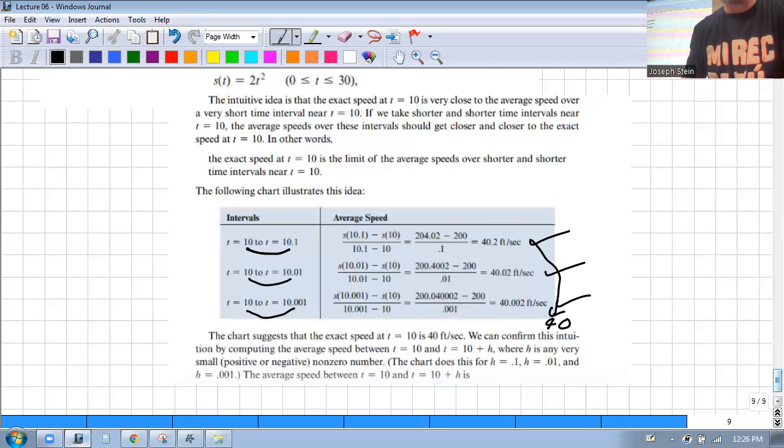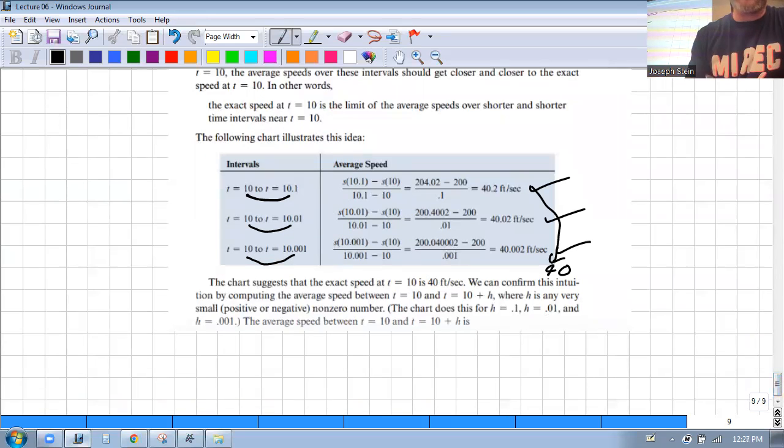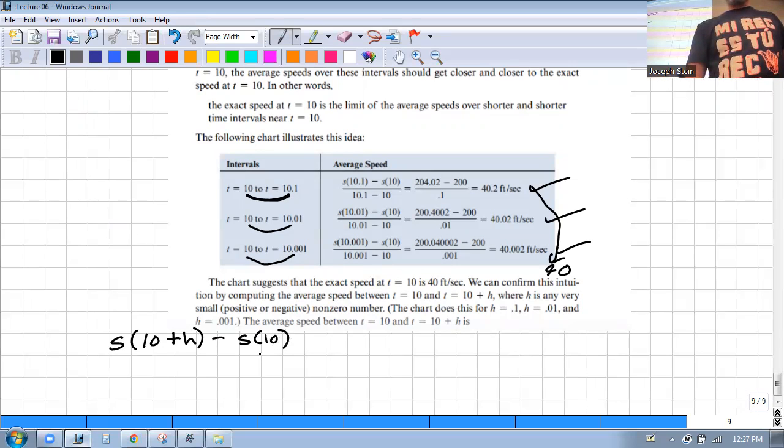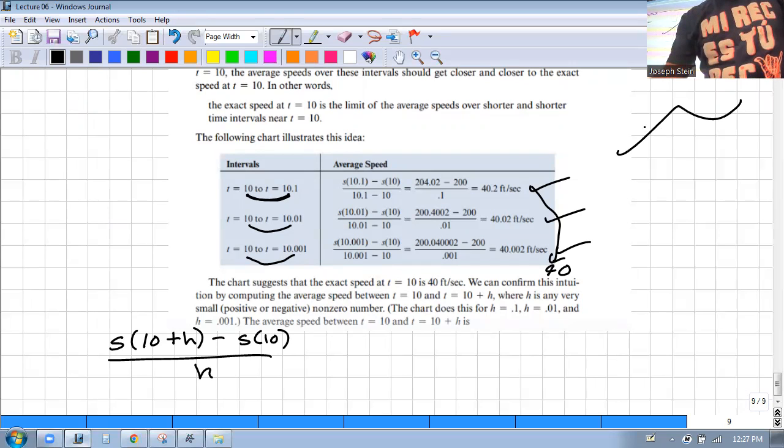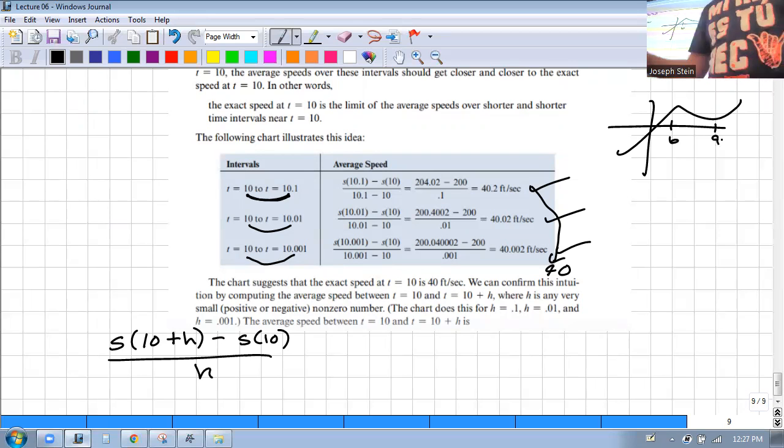So what we're going to do is our formula here says we take S of 10, and here we're adding this tiny amount of time, which I'm going to call H. This is the same formula, but the time interval here is H. So that B minus A, here's the B and the A, I want to smash those together.